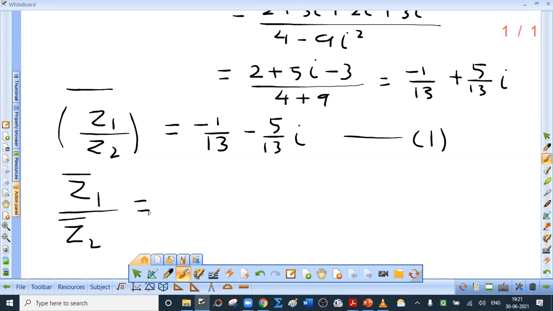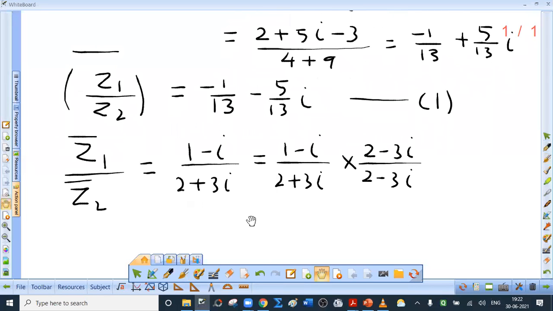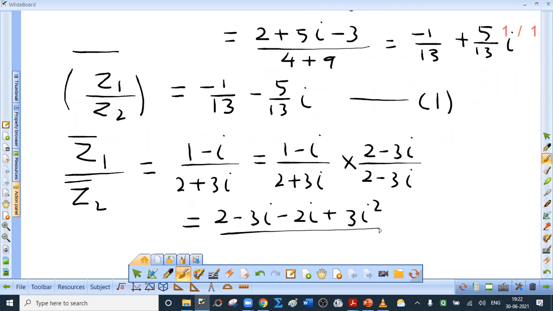I'll write this directly. 1 minus i, okay, upon, what about denominator? 2 plus 3i. Just open the brackets.